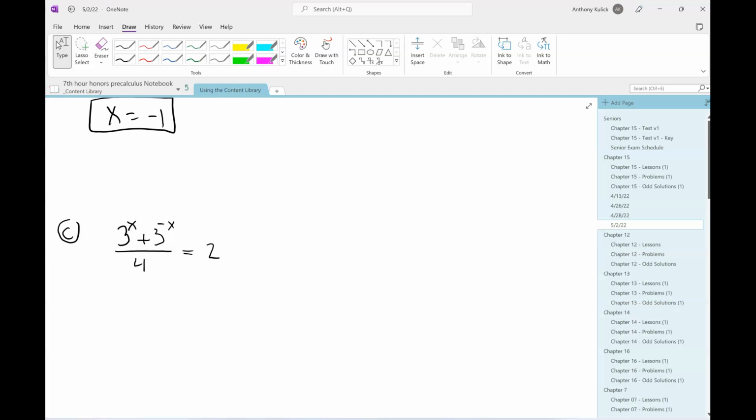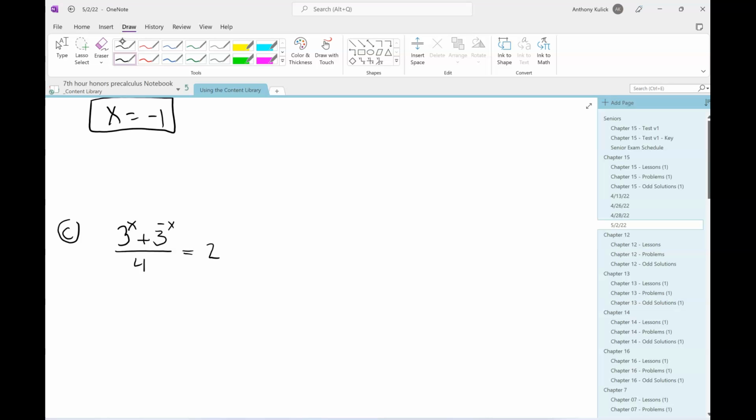So we have a negative in the exponent. I have 3 to the x plus 3 to the negative x. Those are all 3s. I can see that. Yeah, my penmanship's crummy.